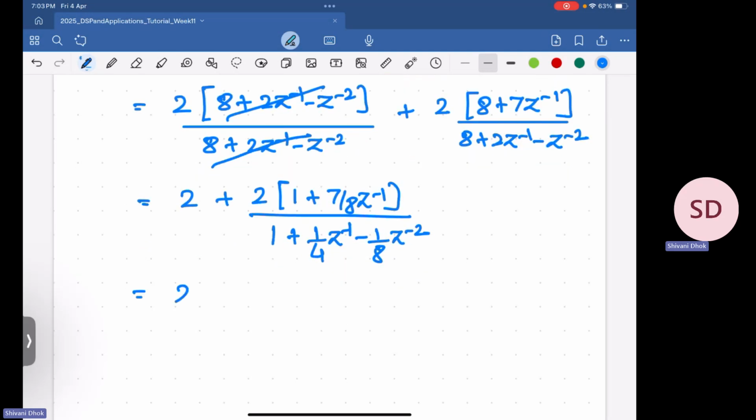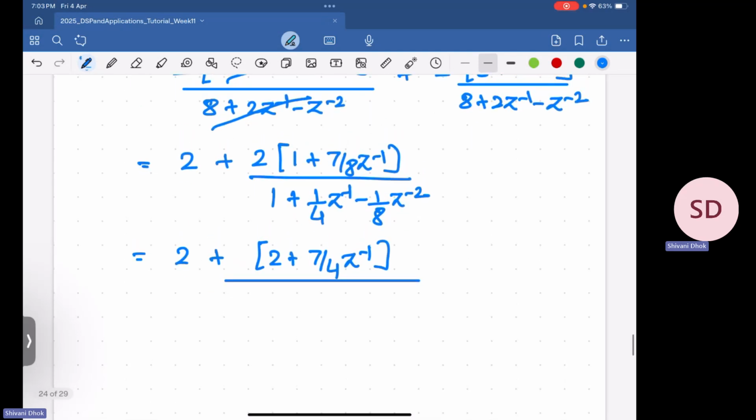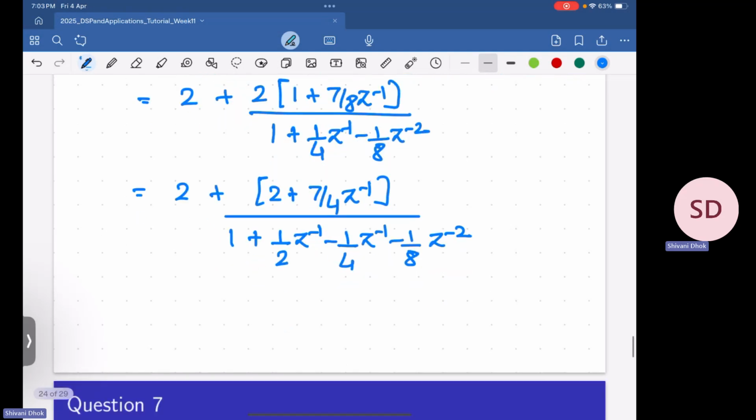So now I can write this as 2 plus 7 by 4 z inverse whole divided by, I can write this 1 by 4 as 1 by 2 minus 1 by 4, so 1 plus 1 by 2 z inverse minus 1 by 4 z inverse minus 1 by 8 z to the power minus 2.